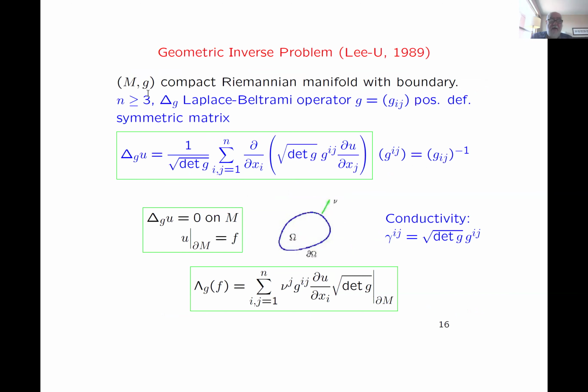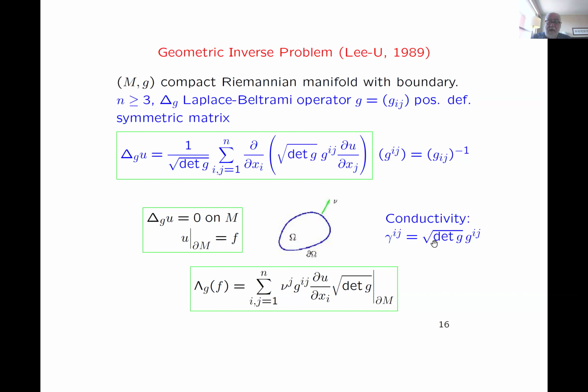One can consider it on a compact Riemannian manifold with boundary. Take the Laplace-Beltrami operator, which in local coordinates is given by a positive definite symmetric matrix g. In coordinates, the Laplace-Beltrami operator is given in this form. If you're not familiar with manifolds, you can think of a domain with a positive definite symmetric matrix, which is the conductivity.